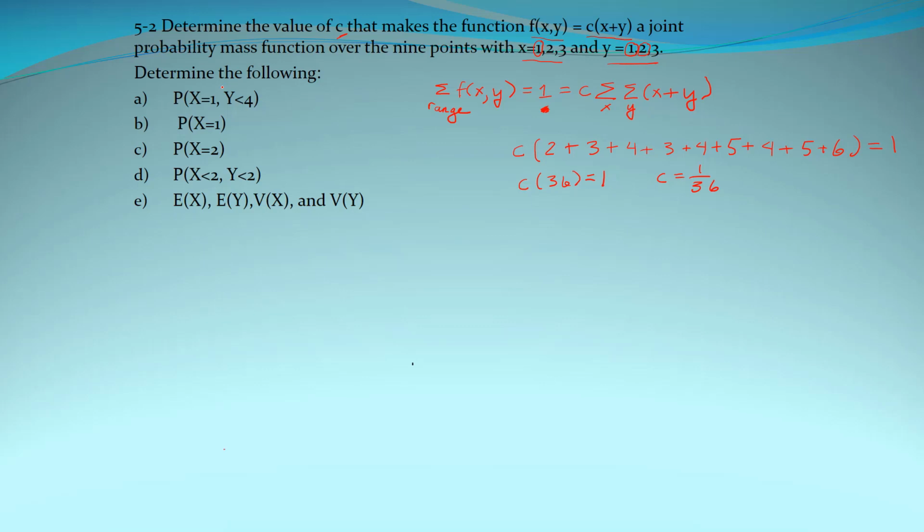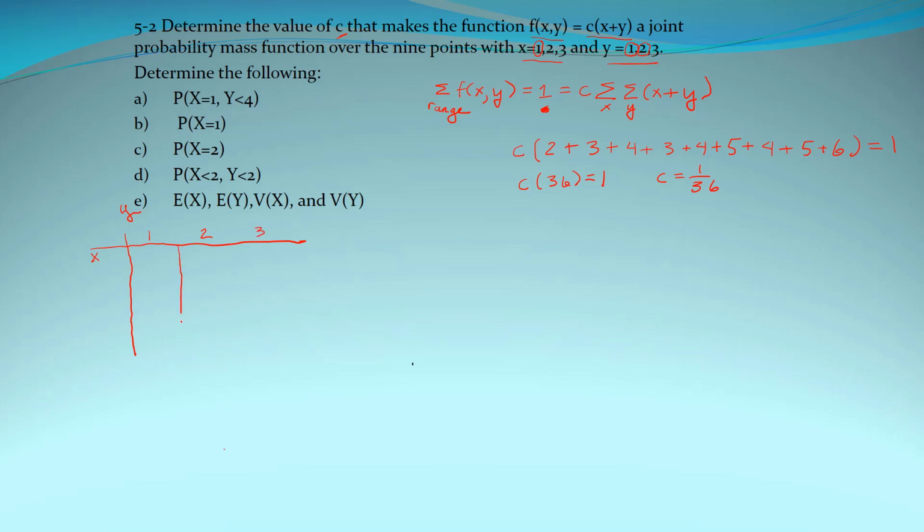Okay, so now we can begin solving the rest of this problem. But before we do that, let's play a little trick. If we wanted to, we can make ourselves a handy-dandy table. There's our x, and we know we've got y's, and the y can range from 1, 2, and 3.